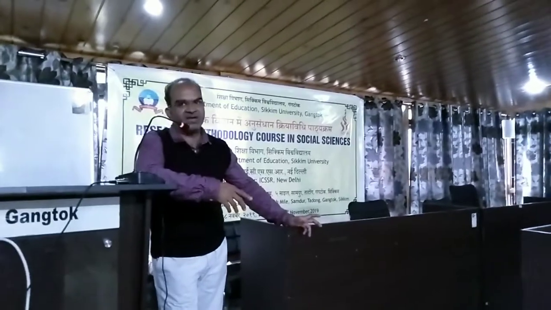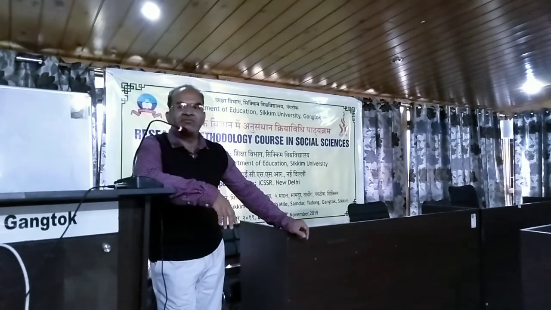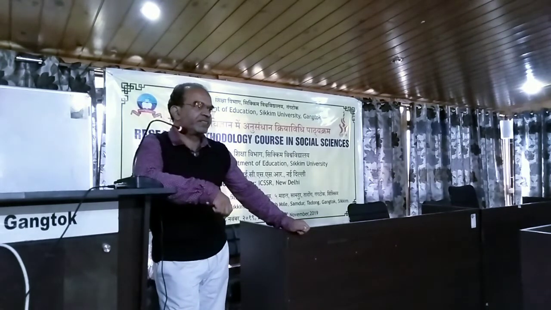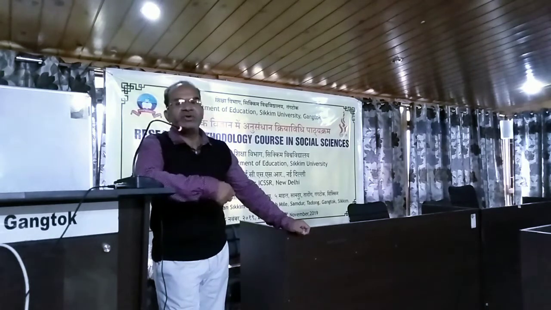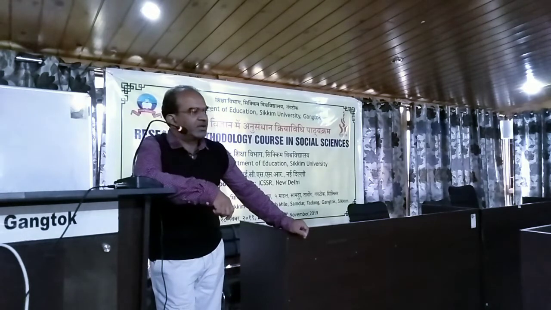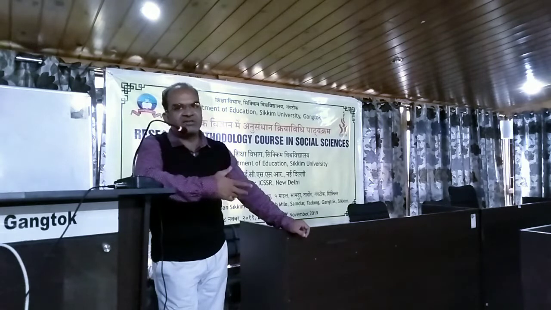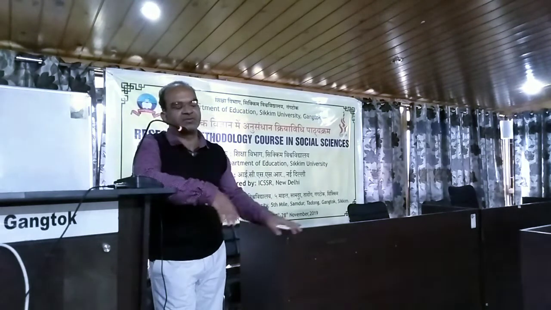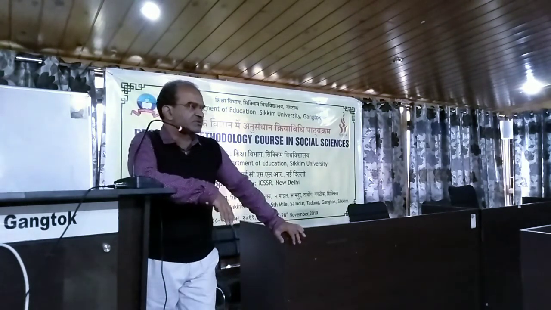So there is a theory behind it. And what kind of methodology do we have to use in ethnographic research? And how do we analyze the data? And how do we interpret the data? And lastly, what are the strengths and weaknesses of this entire process of ethnographic research in social sciences?